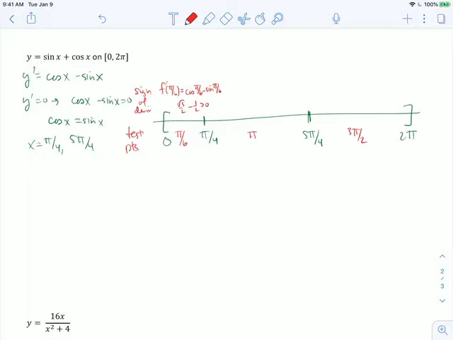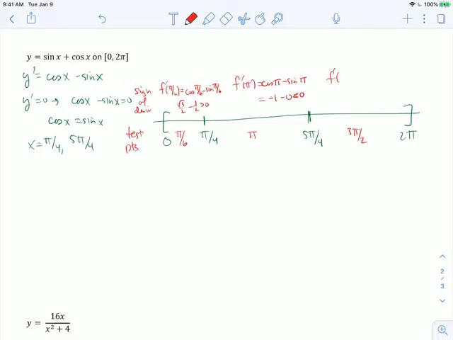And since square root of 3 is bigger than 1, we know that that difference is positive. At pi, I'm looking at cosine of pi minus sine of pi. Cosine of pi is -1. Sine of pi is 0. That gives me a number which is definitely negative.